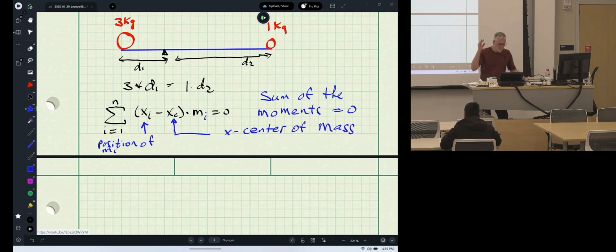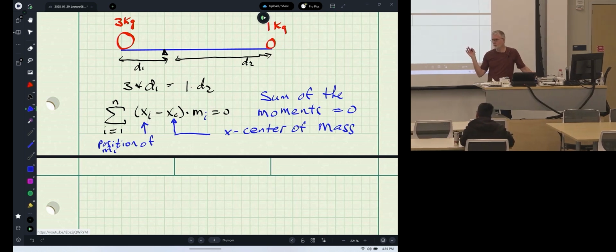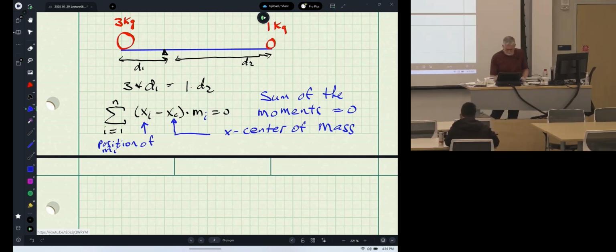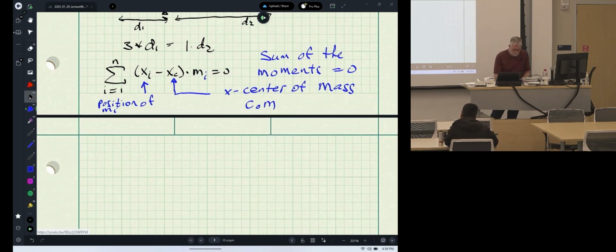And if you're used to the term center of gravity from physics, that's fine. They're exactly the same thing. So center of mass, and we'll write center of mass in shorthand, something like this. And then this is our unknown.